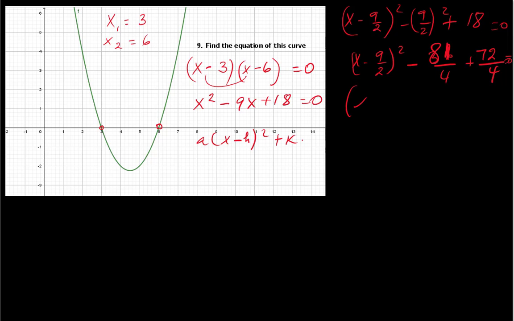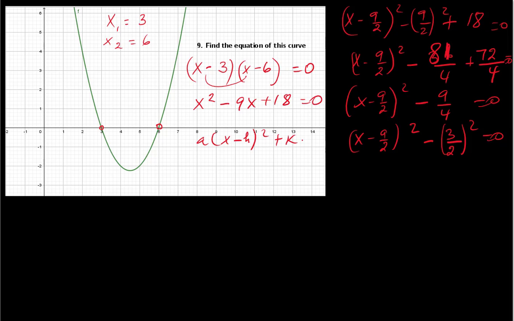We get x minus 9/2 squared minus 81 minus 72 is 9 quarters is equal to 0, but we can say that x minus 9/2 squared minus 3/2 squared is equal to 0.